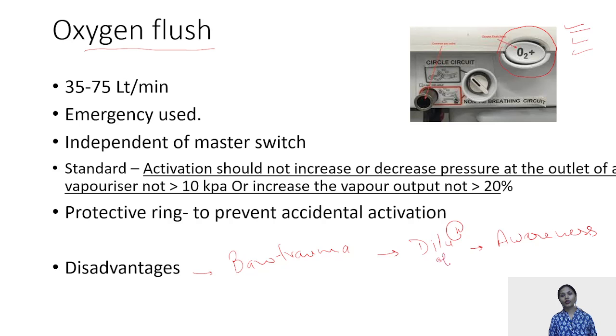It leads to dilution of the anesthetic gases because it's such a high flow of oxygen that is coming, and your vaporizer, whatever it is delivering, is not changing because of this oxygen flush. Of course, it will get diluted, and because your anesthetic agents are diluted, the patients become more prone to awareness. So this was all about oxygen flush.